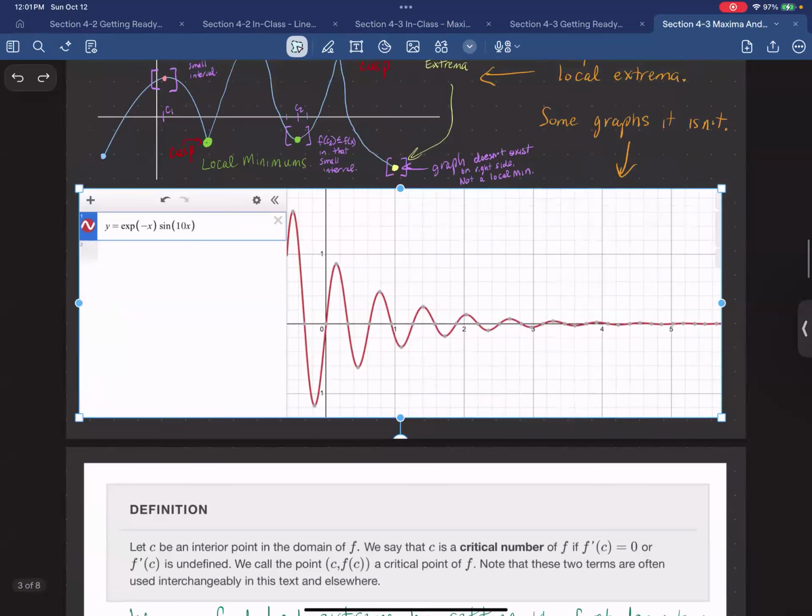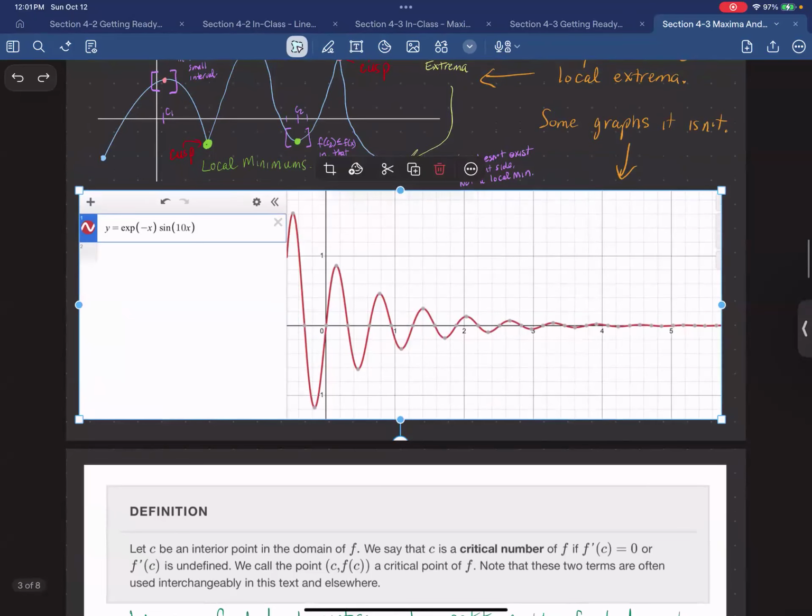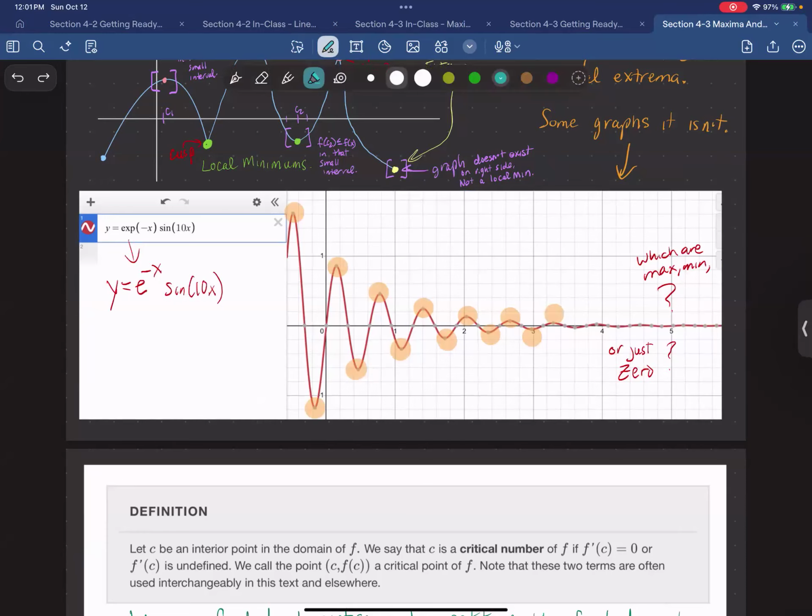So we're going to say a critical number, critical point. A critical number is where f prime of c equals 0 or f prime of c is undefined.